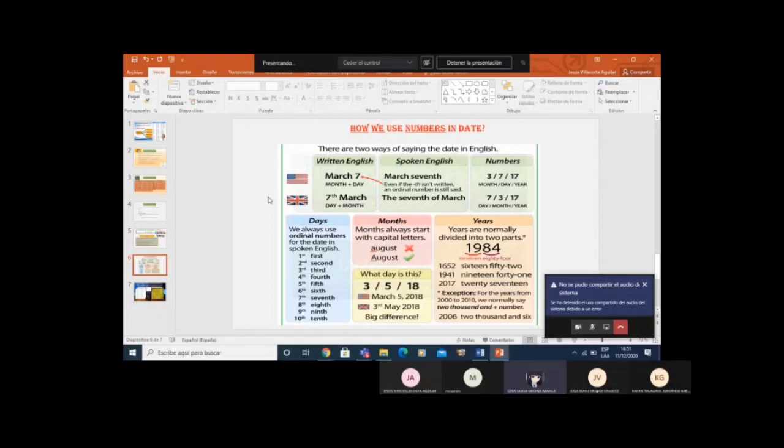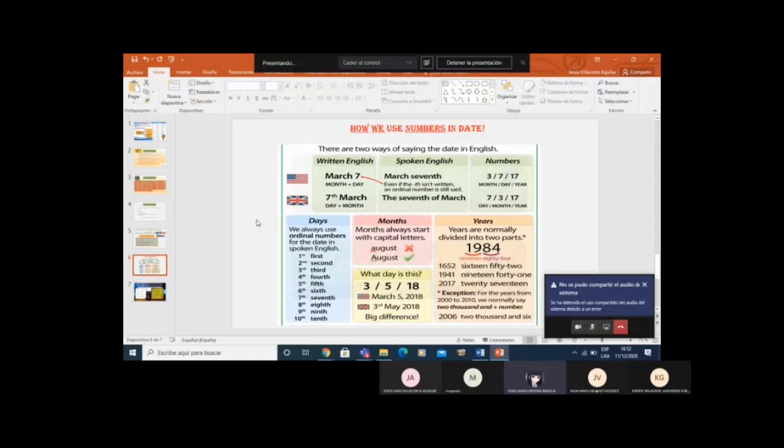For example, here, first March, starting with a capital letter, and then we have the day, the 5th, and finally the year. But in the UK form, first we start with the day, the third, and the month, also starting with a capital letter, and finally the year.